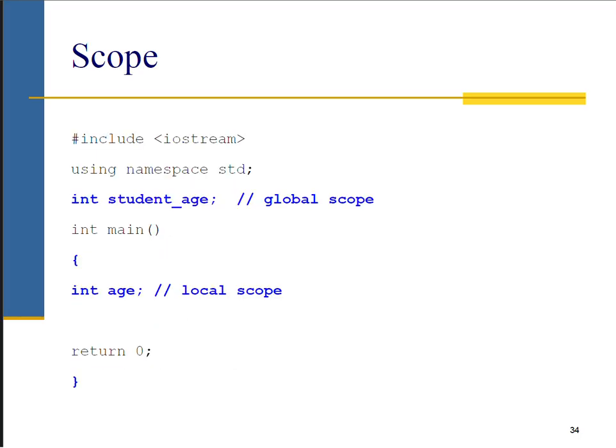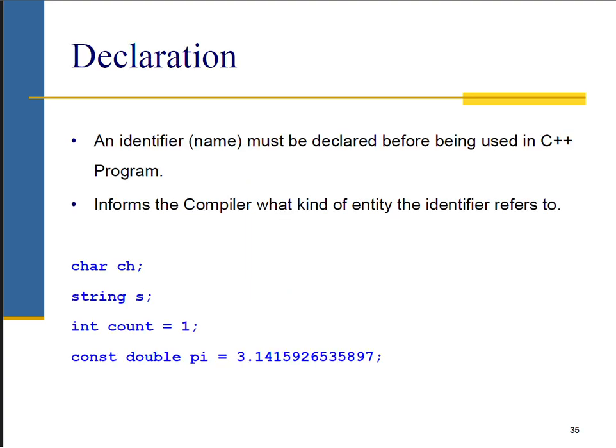So this is a simple program of scope. So we have integer student age, that's a global scope. Integer age, that's a local scope.